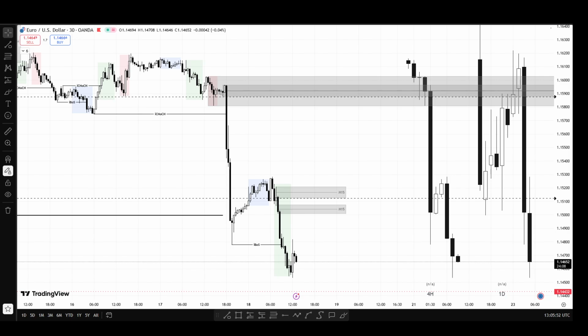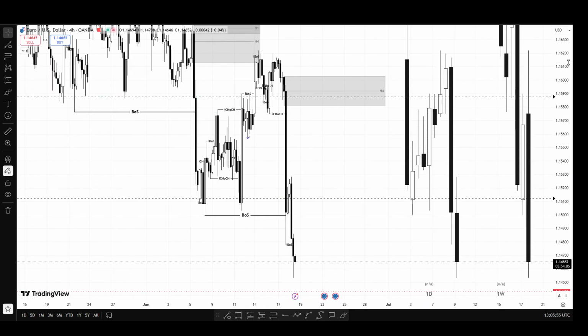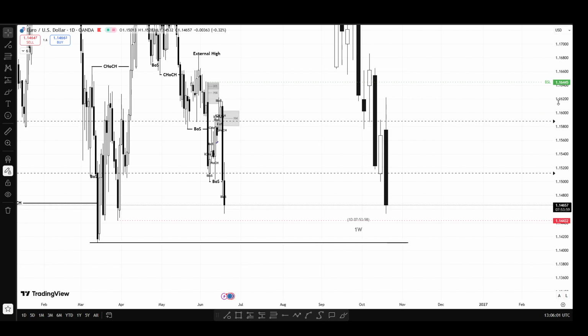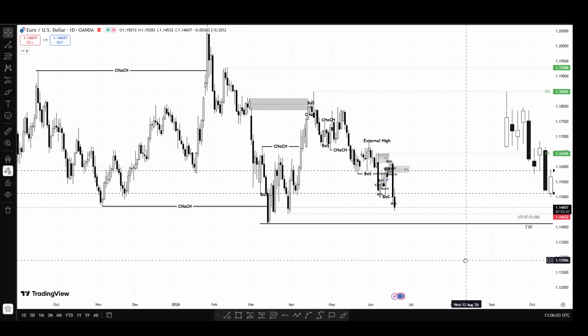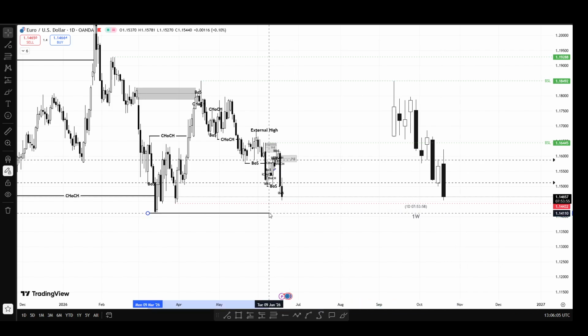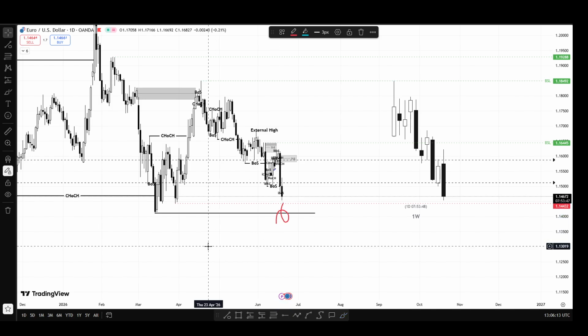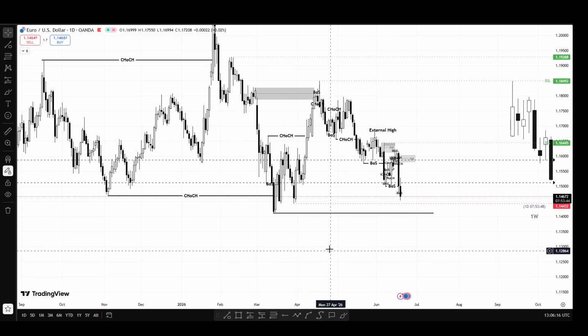Okay, so on the Euro USD, you can see that on the daily time frame, this is our daily time frame on the Euro USD. So we've not yet had a break of structure, or we're not yet close to a break of structure on the daily time frame on the Euro USD.